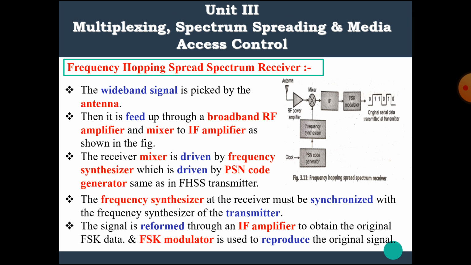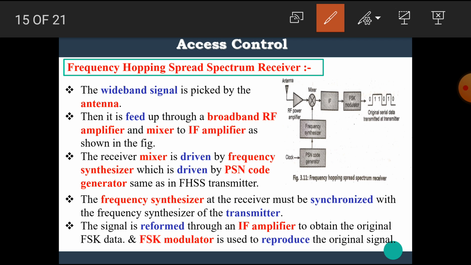Okay, now let's see the block diagram of the frequency hopping spread spectrum receiver. Remember here that whatever process is done in the transmitter, the opposite process is done in the receiver. The wideband signal is picked up by the antenna, then it is fed to a broadband RF amplifier and mixer to the IF amplifier as shown in the figure.